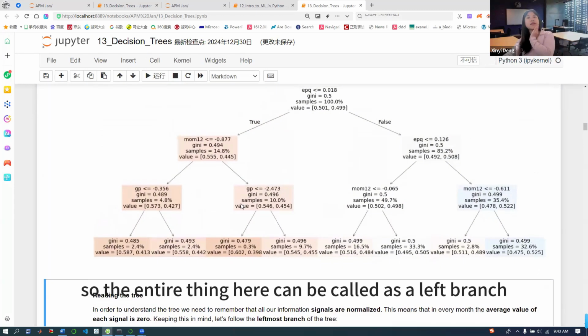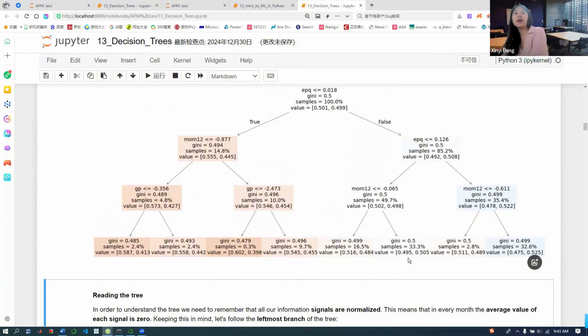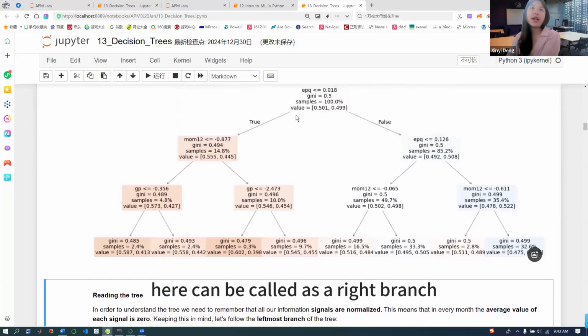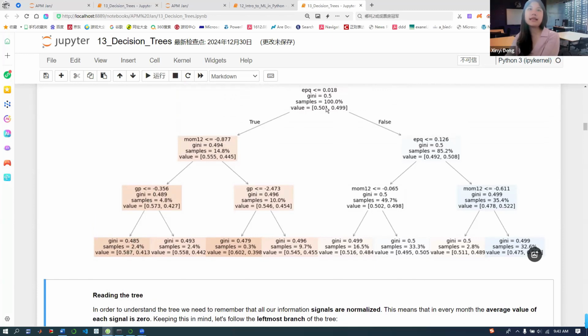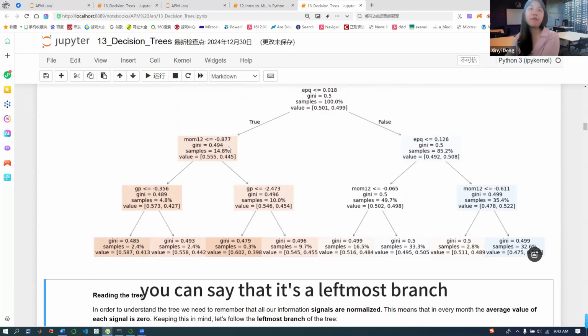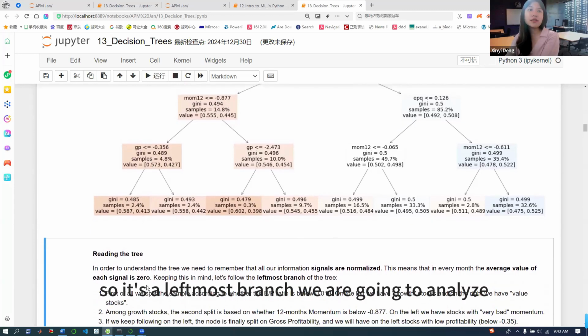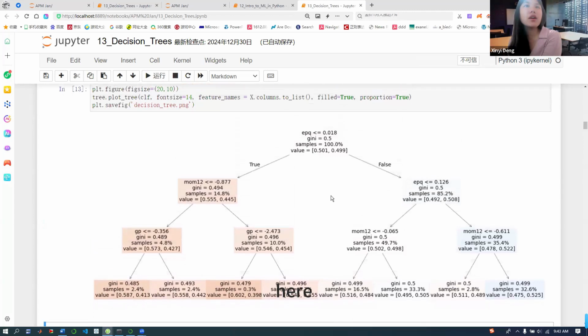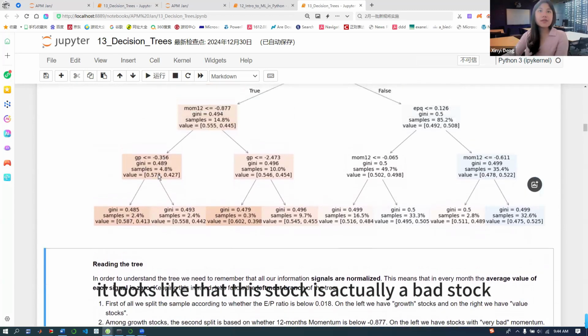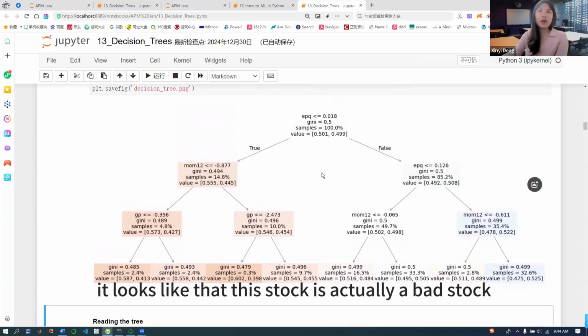So the entire thing here can be called a left branch, and the entire thing here can be called a right branch. And this thing here, on the very left, you can say that it's a leftmost branch. So it's a leftmost branch we are going to analyze. Here, it looks like this stock is actually a bad stock.